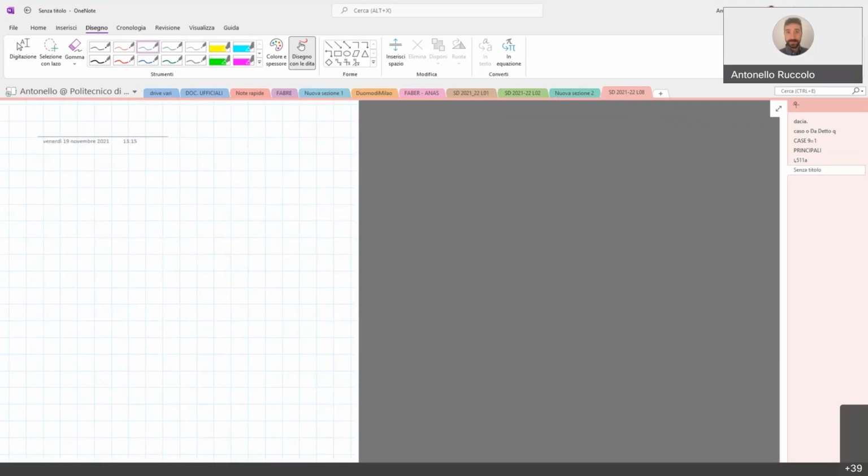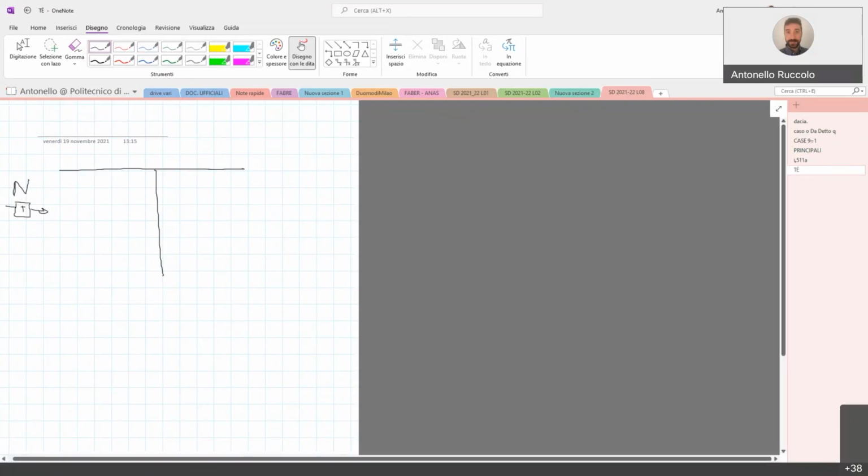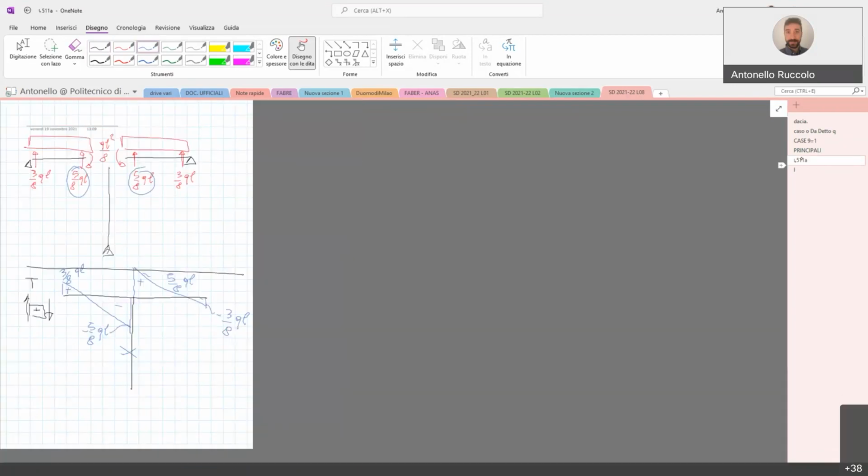Now, shear force, axial force. Obviously, we have no shear force in the beam A and B, but we can easily understand that these two shear forces, this one and this one, applied on the beam, are applied on the node.